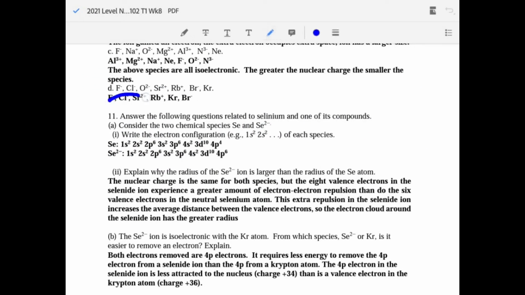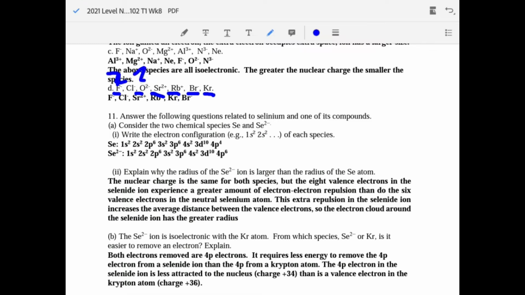And F minus, Cl minus, O2 minus, Sr2 plus. So first thing you look at is the actual core electrons. So Br, krypton, rubidium, strontium are in the same period, and F minus, O2 minus are in the same period.